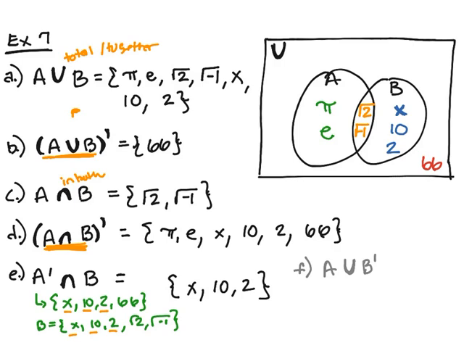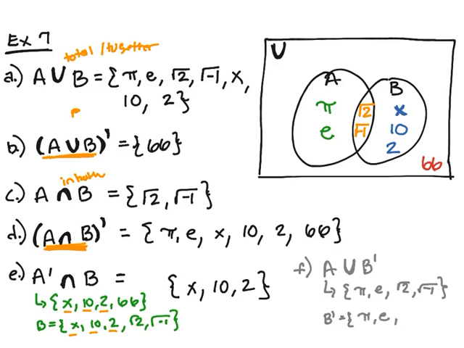Or do I need to write it down? Y'all see what's in A. I'm just doing my little arrow. What's in A is nothing but pi, E, the square root of 2, and the square root of negative 1. And B complement would mean everybody but B, right?